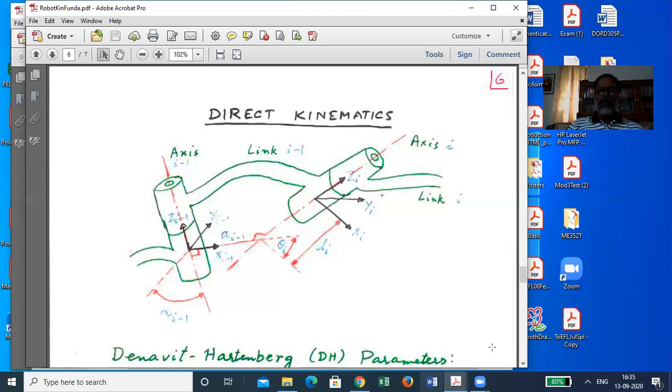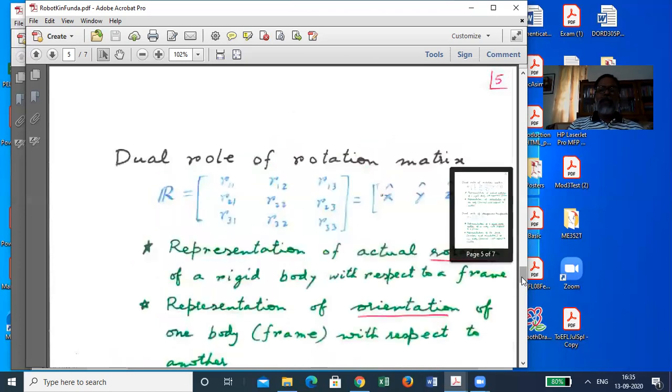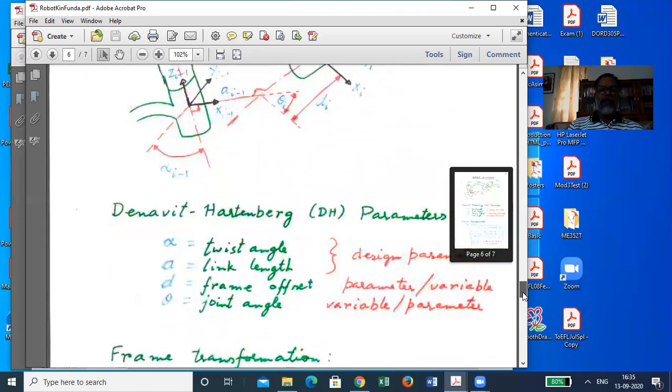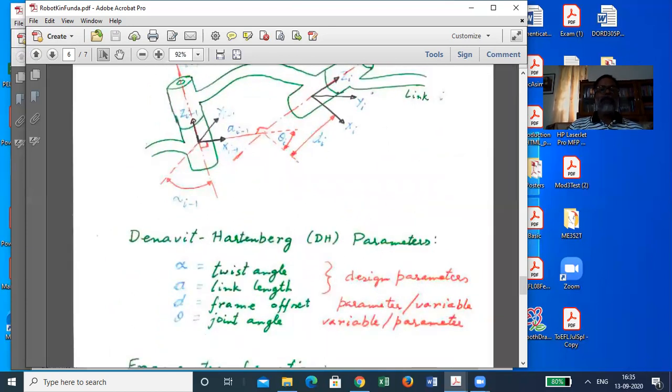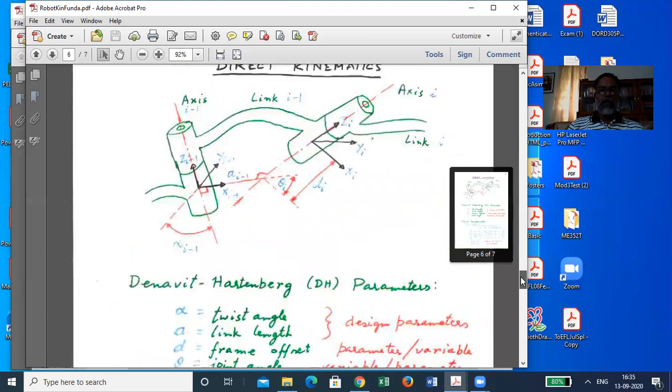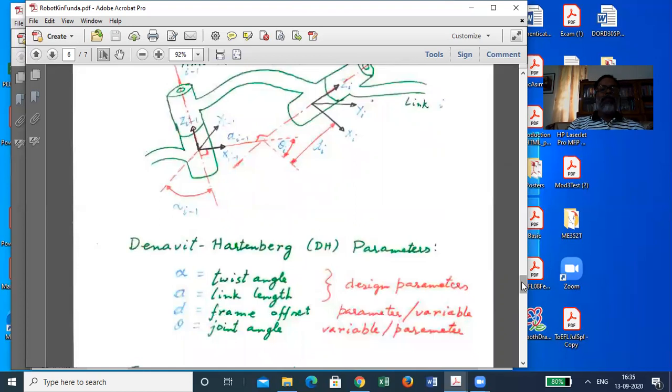And this is called the twist angle. Why twist angle?